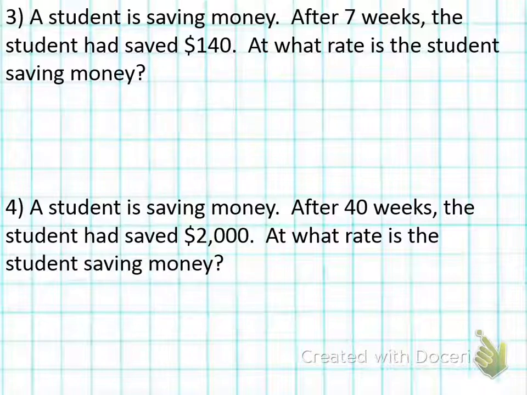So we know that this student has $140 after 7 weeks, okay? So do we want to have money in the numerator or in the denominator? It doesn't matter. But what do you prefer to end off with? Let's think about it. Do you want to know how much money the student has after 1 week, or do you want to know how many weeks it takes for the student to make $1?